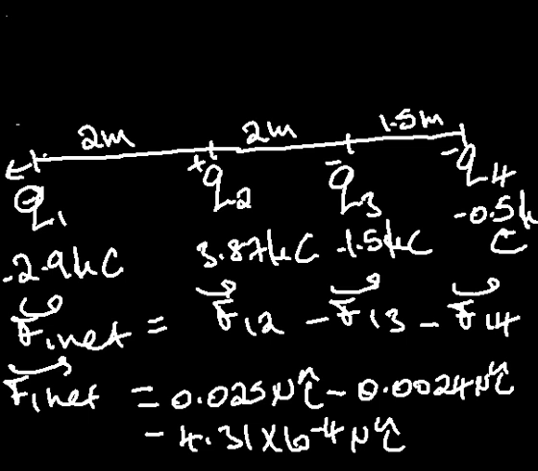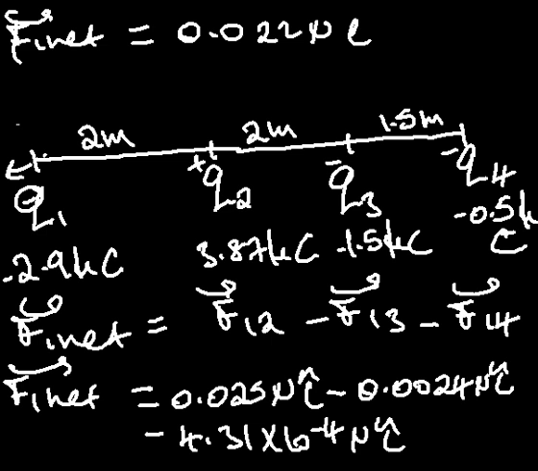So now F1 net as a vector will be given as 0.022 newtons along the x-axis, that is i in that way.